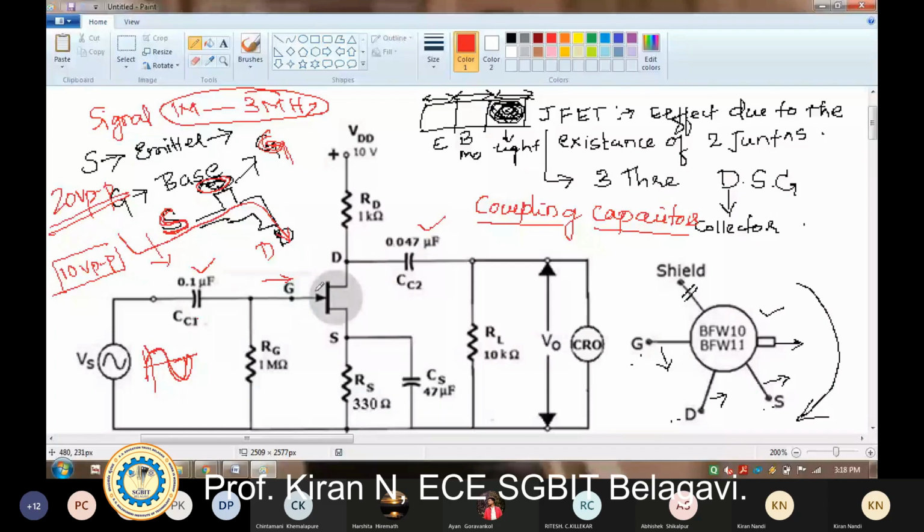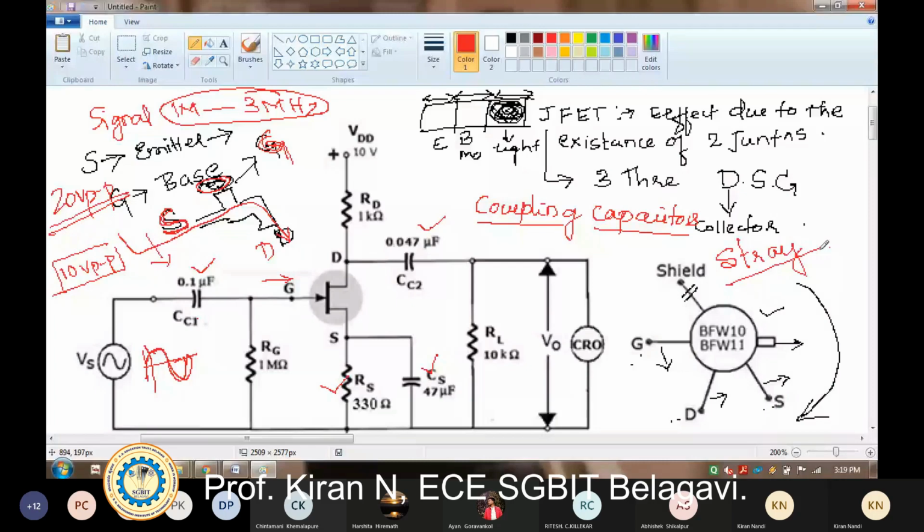These two, that is RS resistance and CS capacitance, which are of value 330 ohms and 47 microfarads, are called stray components.